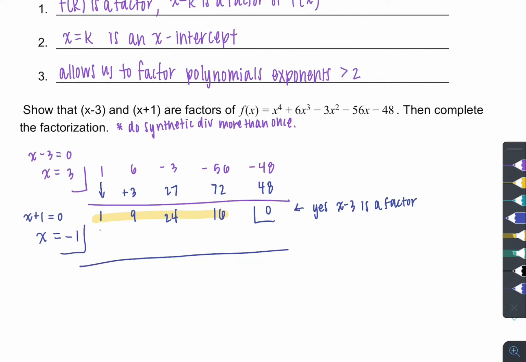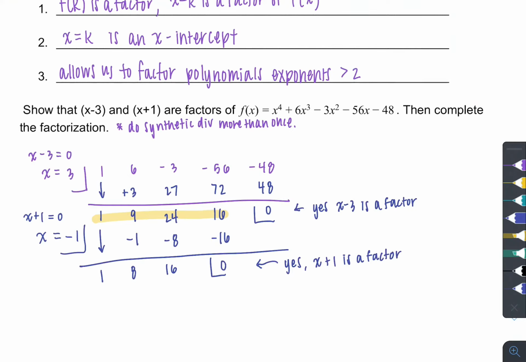So dropping it down, get 1. 1 times negative 1 is negative 1. Get 8. 8 times negative 1 is negative 8. 16, negative 16, we get 0. So yes, x plus 1 is a factor.